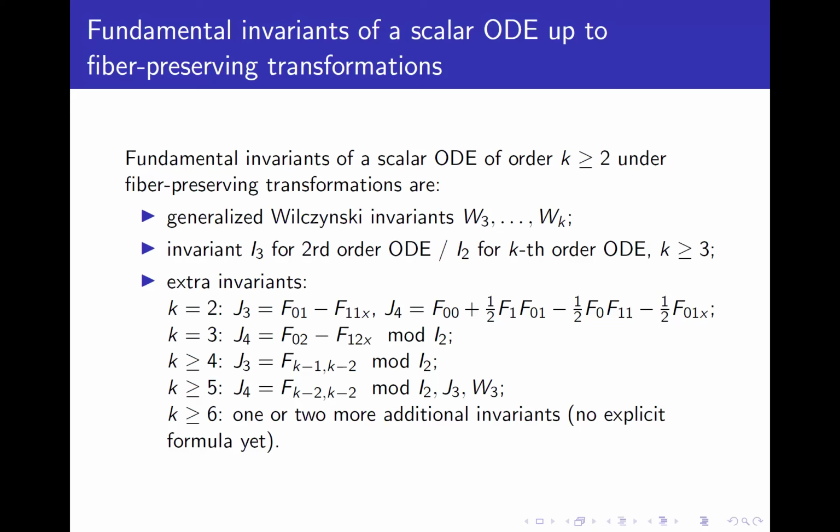So if someone gives me an explicit expression of arbitrary order, I can put it into Maple and say whether the curvature vanishes or not, and therefore whether it's trivializable or not. But we'd like to have explicit formulae, which we were not able yet to find for order 7 and higher in the case of fiber preserving transformations.